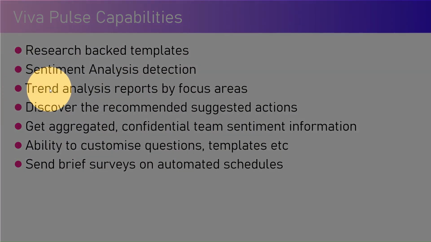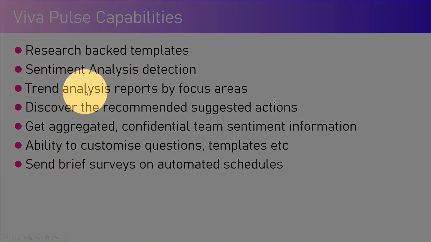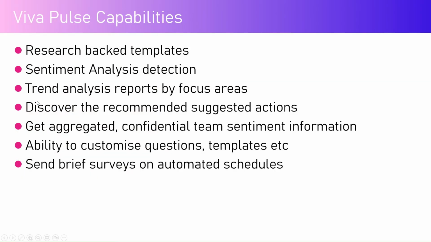You can conduct those surveys frequently, like monthly, quarterly, semi-annually, or yearly, and then trend through those analyses so that you gain insight on how the organization, department, or team is performing, and then provide those actionable insights to relevant teams.